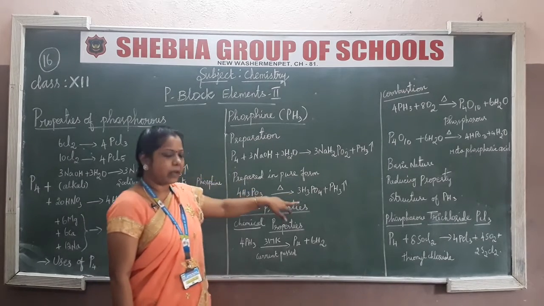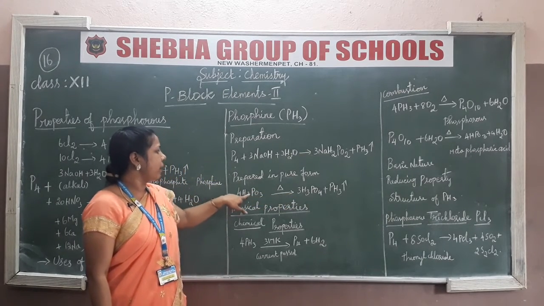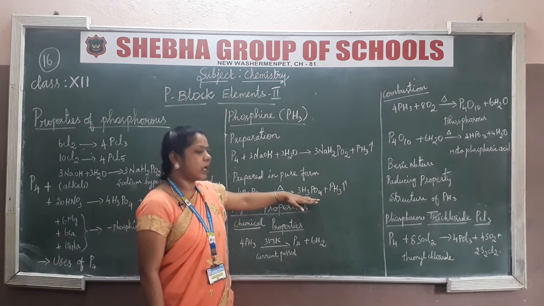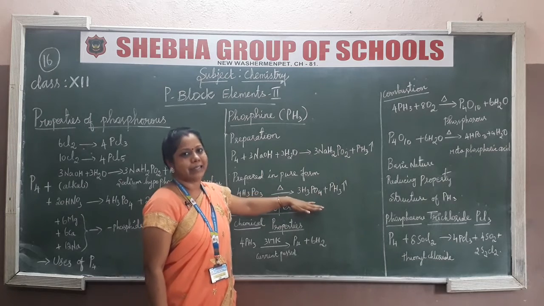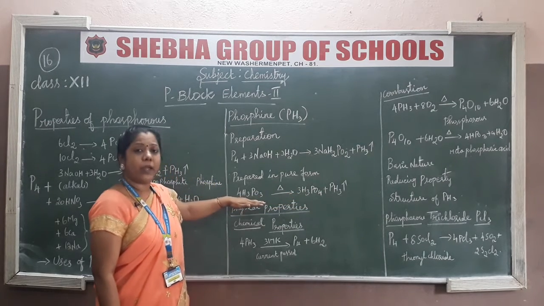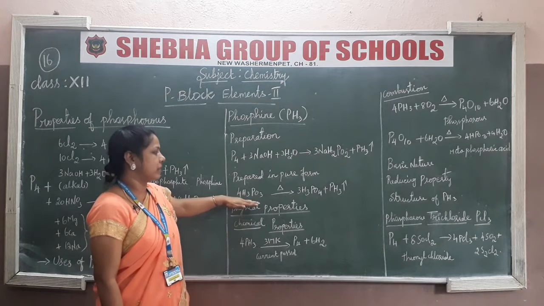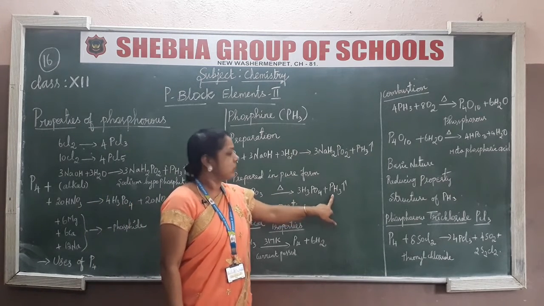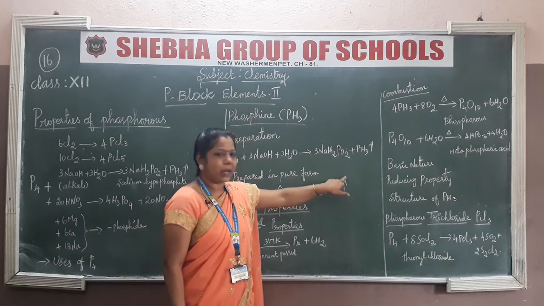What is the difference? You have to notice H3PO3 and H3PO4. If it is H3PO4, that is phosphoric acid. If it is H3PO3, it means phosphorus acid. That is the main difference. And along with it phosphine, the gaseous state, as I mentioned with the upper arrows.